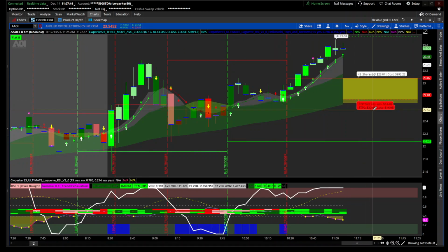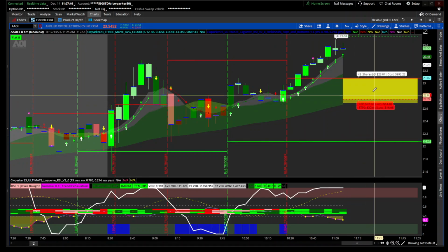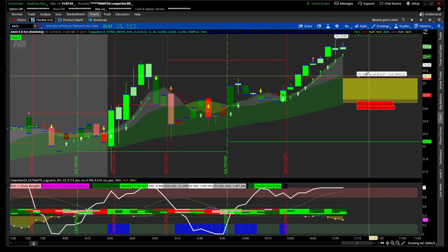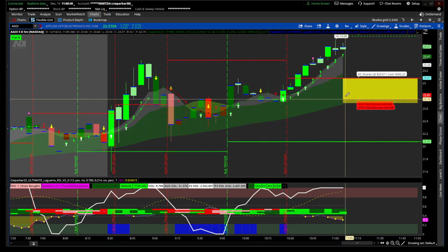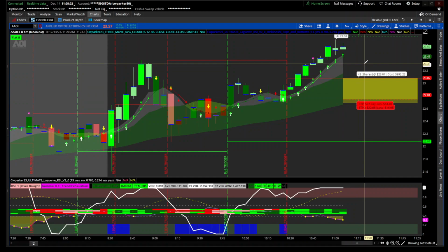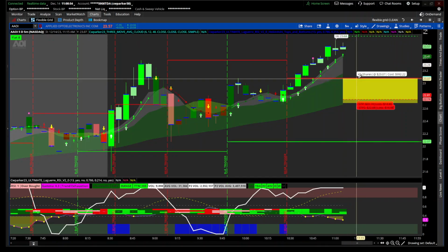Is stop 2 above it yet? No, it hasn't moved above it yet. But your stop 2 would have moved up if the lower price channel would have moved up above your entry level right here.